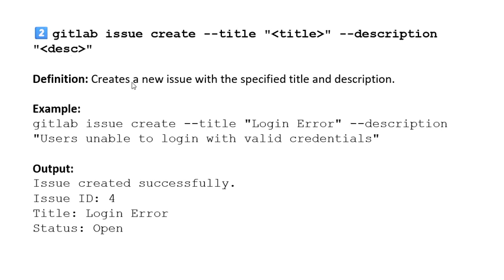The definition is: create a new issue with a specific title and description. The example is gitlab issue create --title "logging errors" --description "user unable to login with valid credentials". The output is: issue created successfully, the issue ID is 4, the title is logging errors, and the status is open.